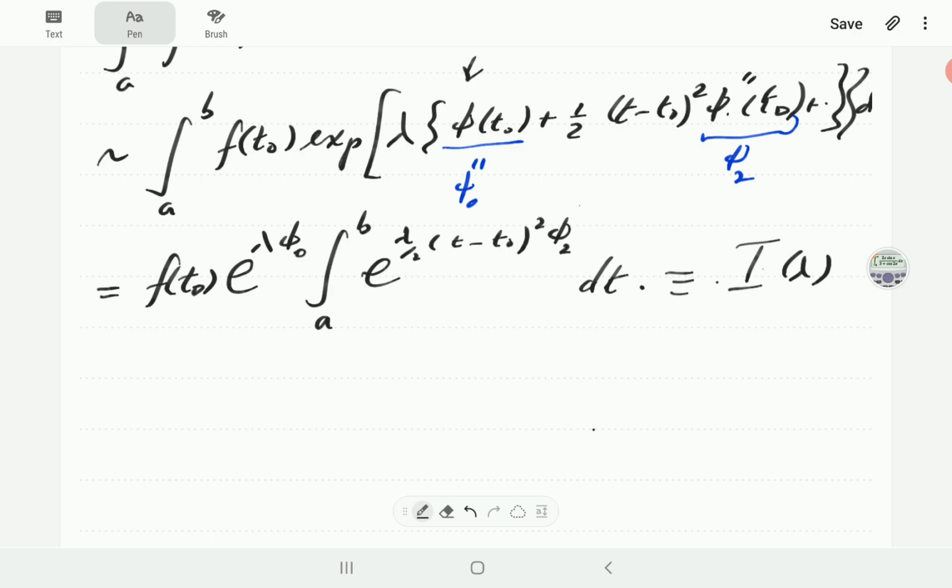Then we're going to make a substitution. Remember that this term here is negative, so that means this whole thing is negative because lambda is positive. This is a squared term, so this whole term is negative.